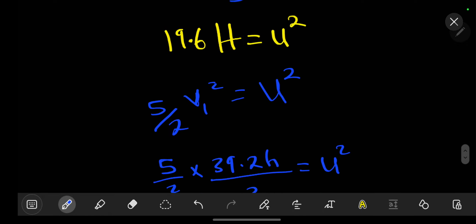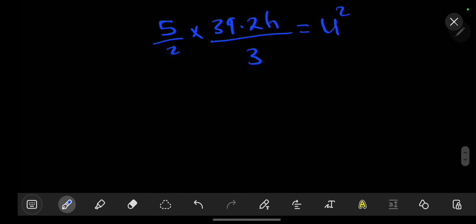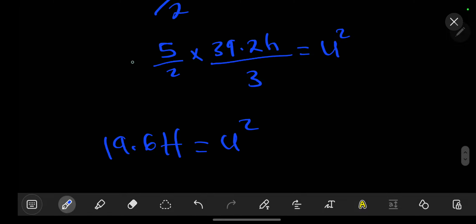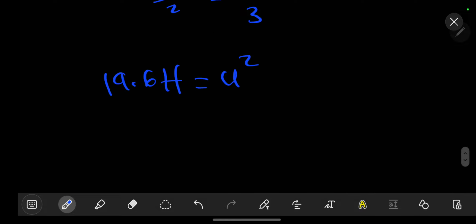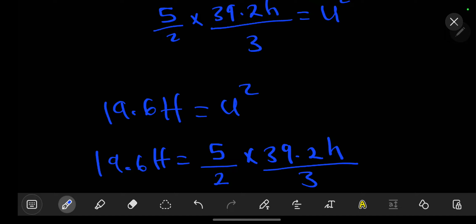Then the main equation for that is 19.6h should be equal to u squared. So if you look at this, we have 19.6h should be equal to u squared. Finally, get this equation, u squared. Where there is u squared, you are going to replace it with this. So we have 19.6h should be equal to our u squared, which is 5 over 2, like that. u squared is just all this value, then times 39.2h over 3, like that.